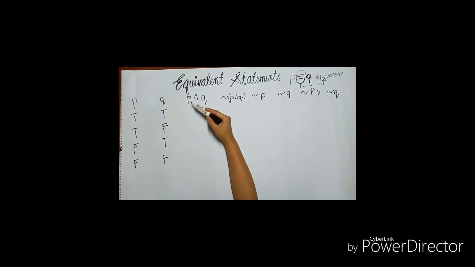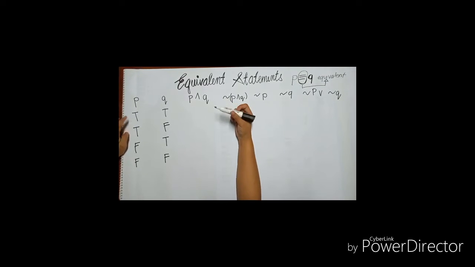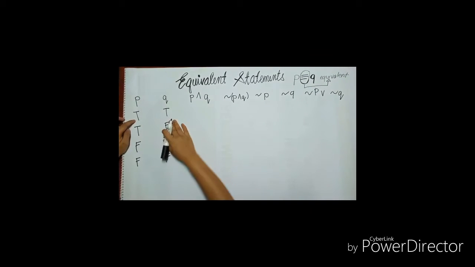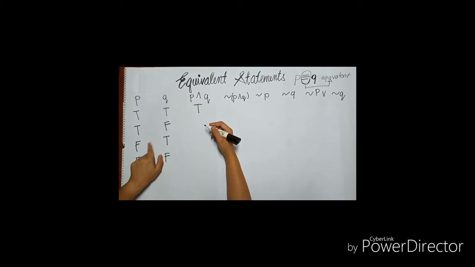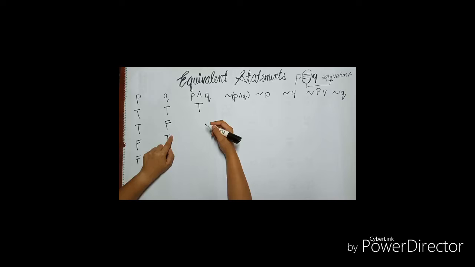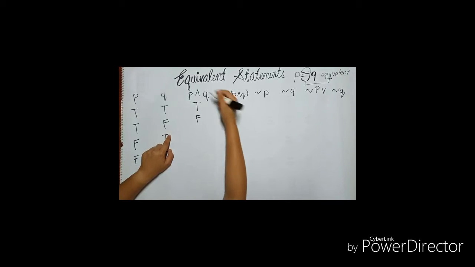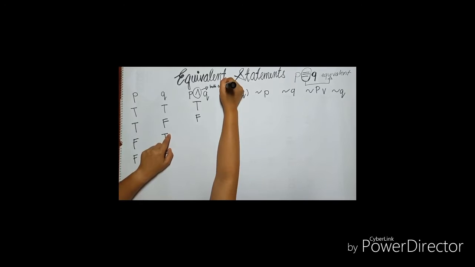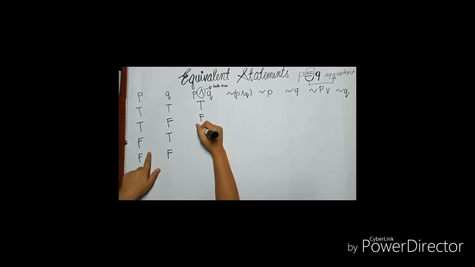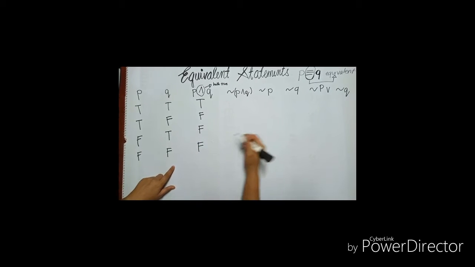So we have here P and Q. True and true gives us true. If we have one false in either statement, we consider it false, because remember, a conjunction must have both be true. So here we have false, and this one is false.